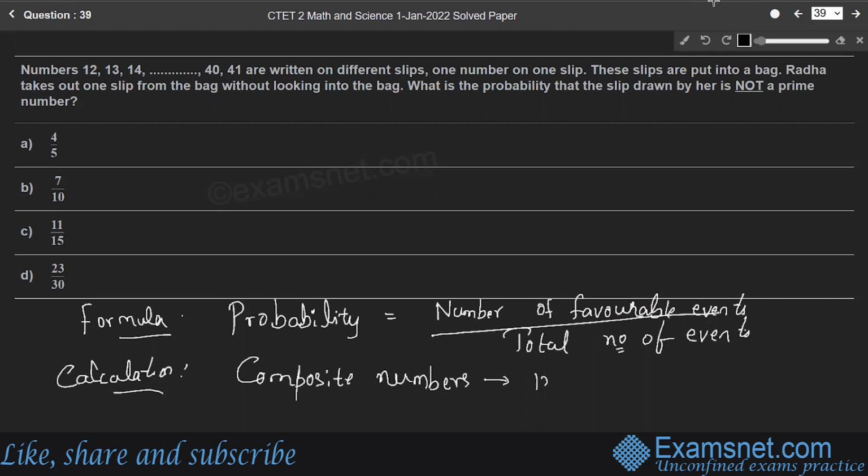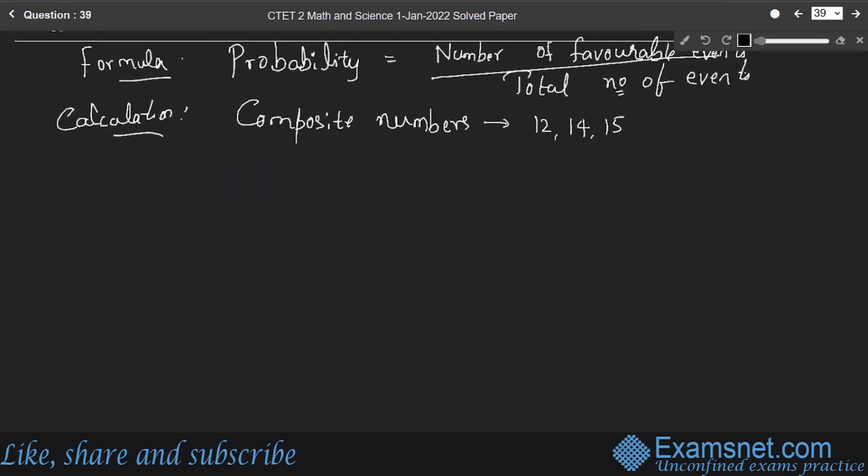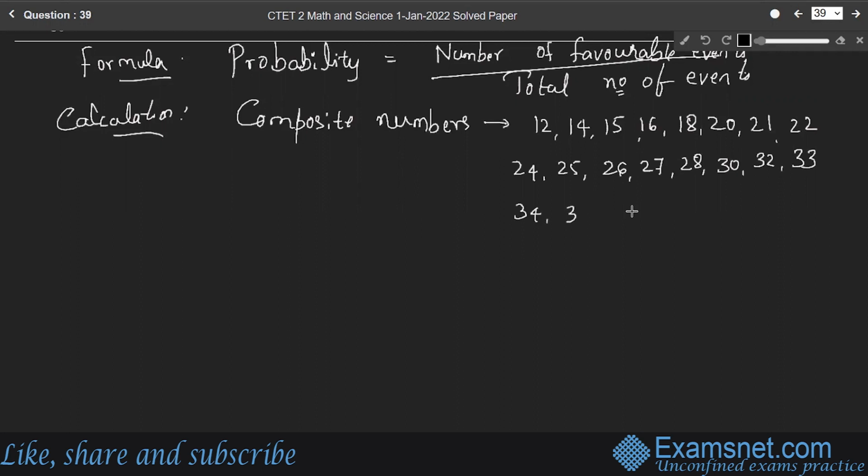So these are 12, 14, 15, 16, 18, 20, 21, 22, 24, 25, 26, 27, 28, 30, 32, 33, 34, 35, 36, 38, 39, and 40. Right? These are the composite numbers.